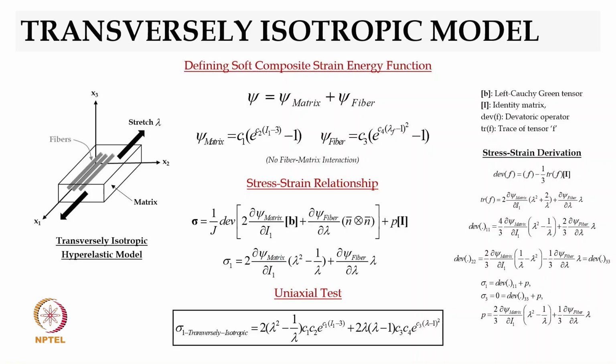So the stress strain derivation goes like this: the deviatoric component of this F, which is the function, is given by F minus 1/3 of the trace of F times, these are all cross and dot products typically, of the identity matrix. Then this is some derivation, and you have the trace component, deviatoric components. These are joined together in different aspects. You can look at the equation.